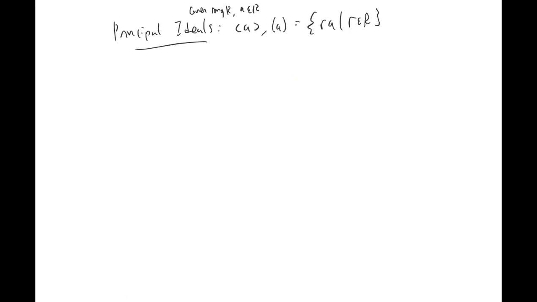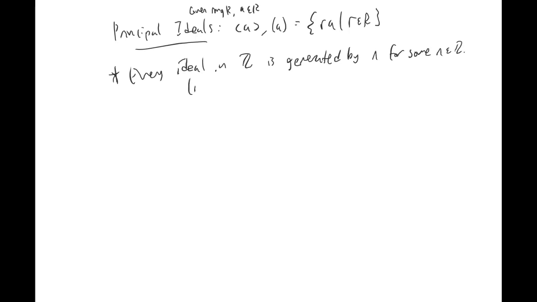Okay, so here's a fact. Every ideal in Z, in the integers, is generated by n for some n in Z. From the book's notation, it's like this, but some of you probably know the notation as nZ.